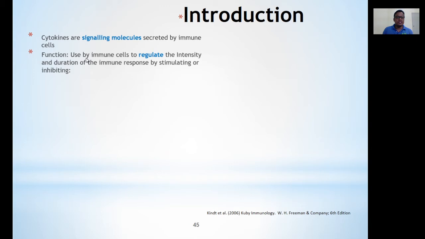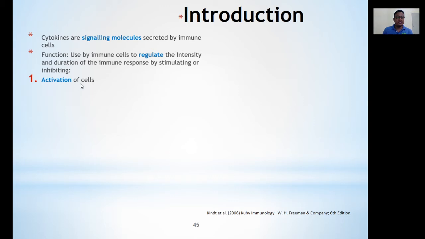The main function is used by immune cells to regulate the intensity and also the duration of the immune response, by either stimulating or starting, or inhibiting or stopping the response. So they have two ways.